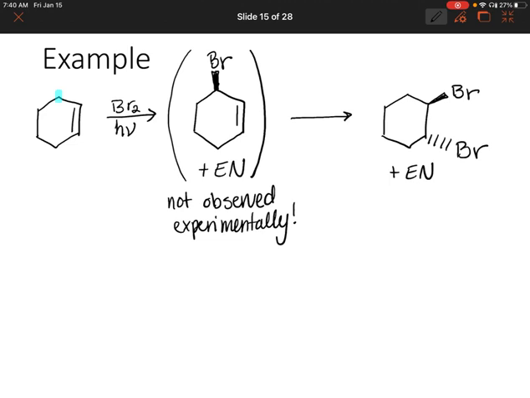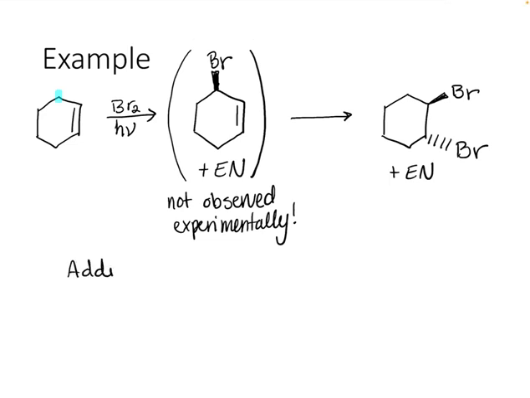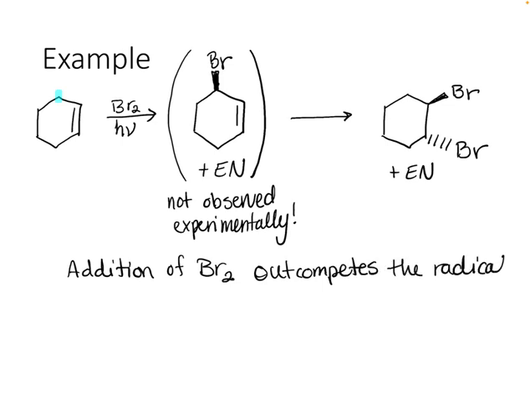So what's interesting is that addition of Br2 outcompetes the radical addition. So most likely, the addition of Br2 across the double bond is just more energetically favorable. So we don't actually see allylic bromination when we use Br2 and light.